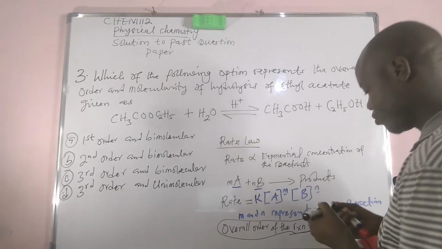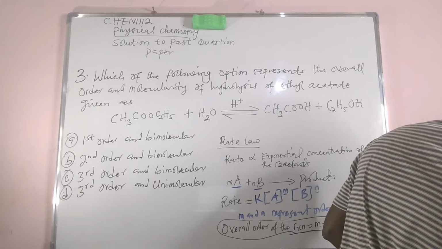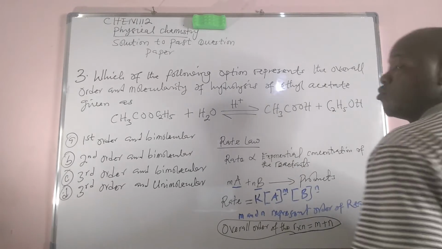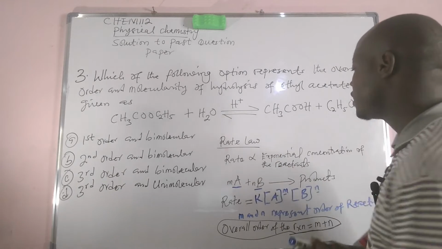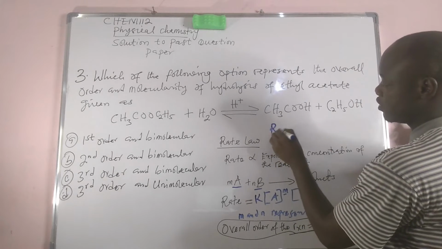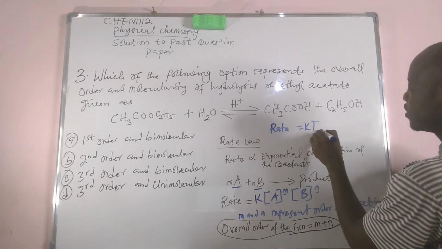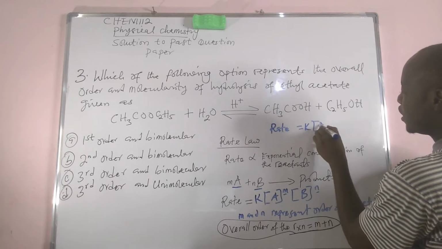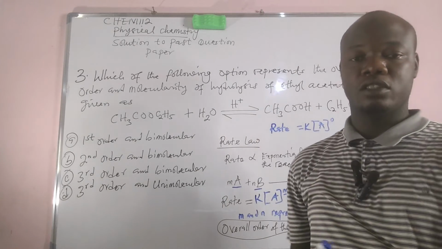So then, very importantly, ladies and gentlemen, we can have many examples. We can have a zero order reaction if the exponent is zero. Let's say you now have rate is equal to Q, E, and we have exponential of zero here. So what does that mean?